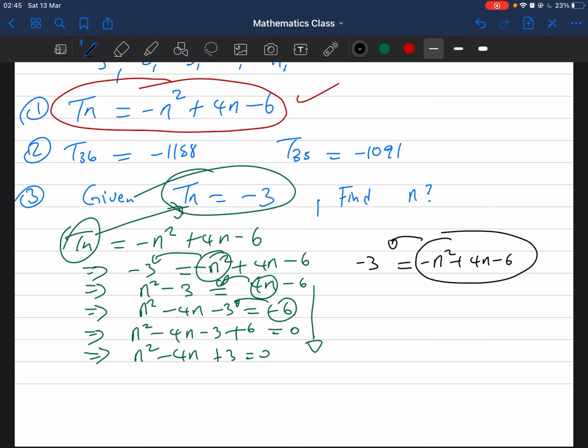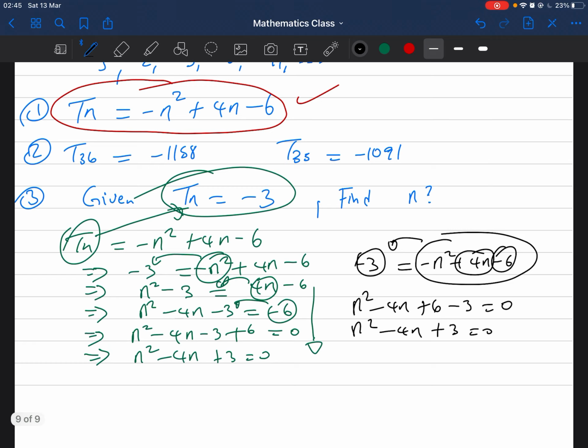So negative times -n squared is positive n squared, and then this is going to be -4n, and this is going to be positive 6. And you have -3 is equal to 0, so n squared minus 4n plus 3 is equal to 0. Depending on how you do it, as long as you do it faster within time, it's still fine.